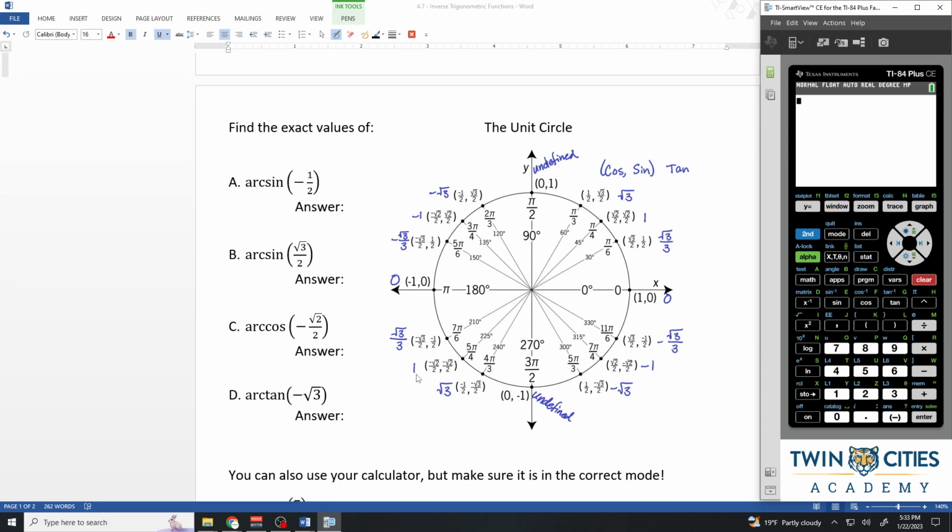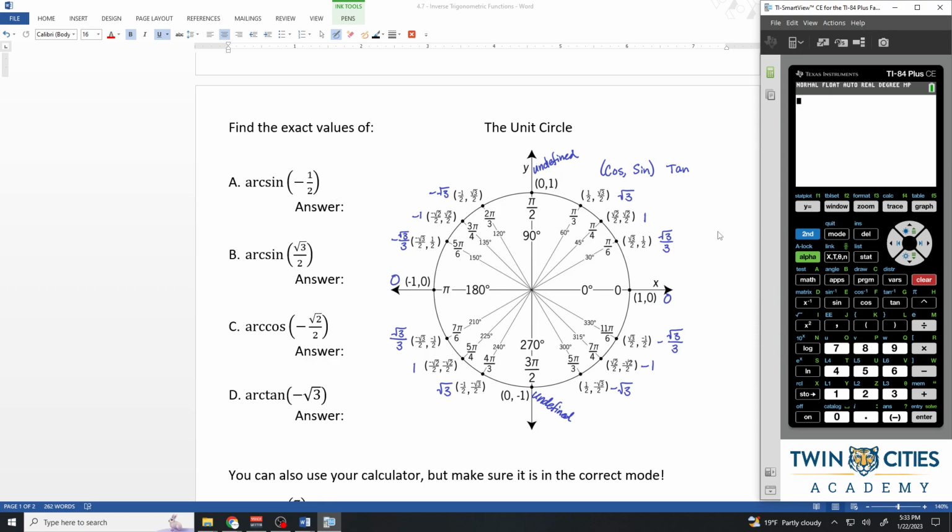So now arcsine, arccosine, arctangent. This is the reverse. Instead of me saying what the radian measure is, and then you saying what the cosine, the sine, or the tangent of said radian measure is, we're going to do the reverse. I'm going to say, find the arcsine of -1/2.